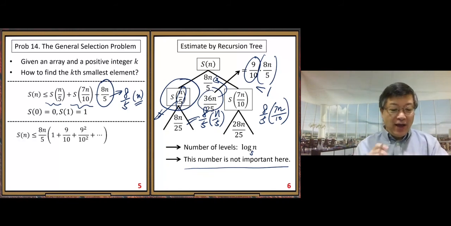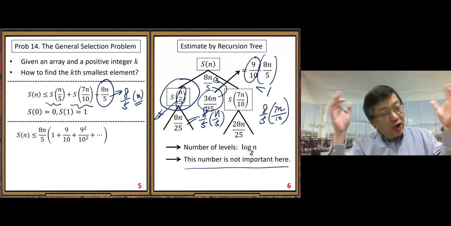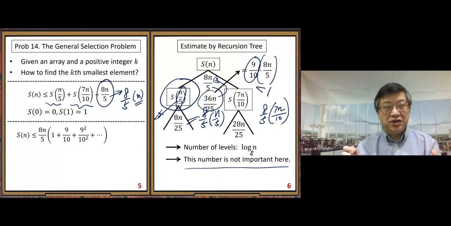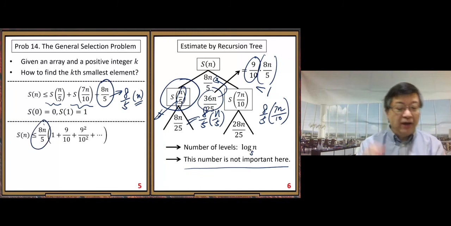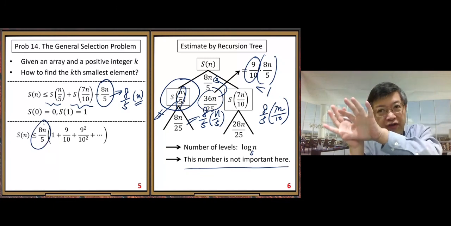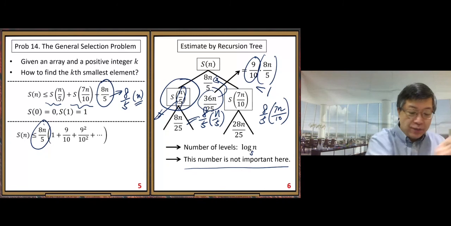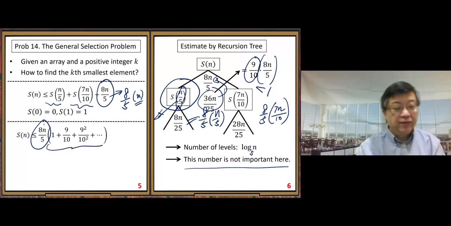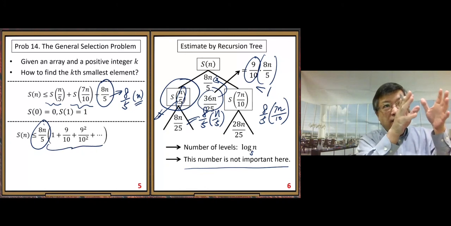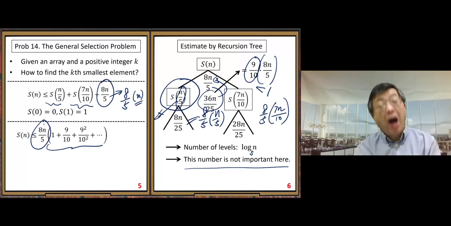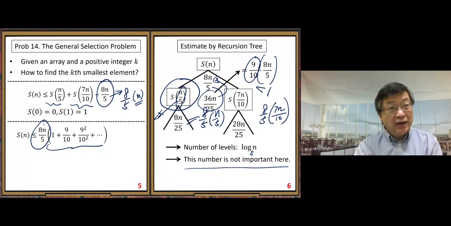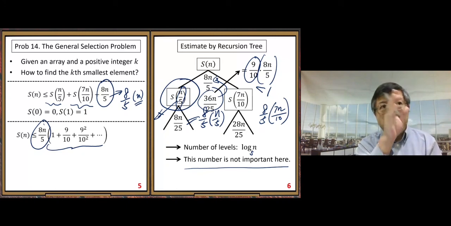Then the accumulation step. When we do accumulation, the common factor 8n over 5, we factor it out of the parentheses. Inside the parentheses, each term is some integer power of 9/10. Here you can see the number of terms is not important.